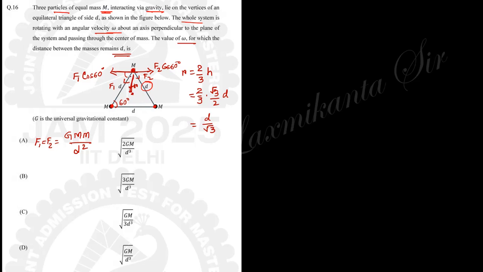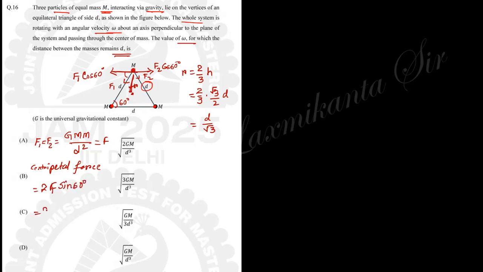Along that direction these two cancel out as F1 and F2 are the same. So the only force towards the center is the centripetal force. What will be the centripetal force? F1 and F2 are equal, if we consider that as F, it will be 2F sin 60 degree, right?